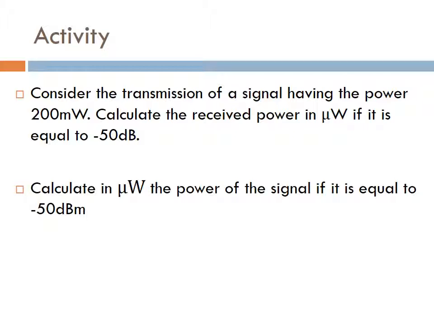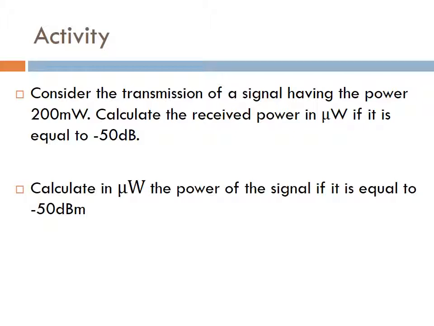In this case, log base 10 of P2 over P1 is equal to minus 5, and then we raise 10 to the power from the two sides of the equation. 10 to the power minus 5 is equal to P2 over 200 milliwatt, and in this way we can calculate the received power.